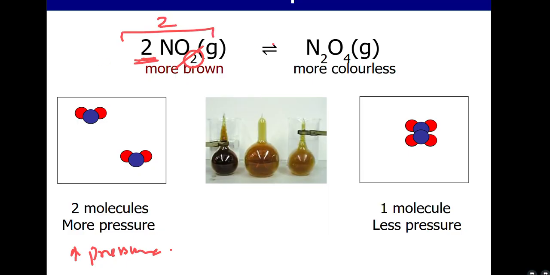So this side is 2 moles and this side is 1 mole. The fewer gaseous moles are towards the right side, or forward, so the equilibrium will shift forward, the yield will increase, and the color will become colorless, or you can say pale brown.